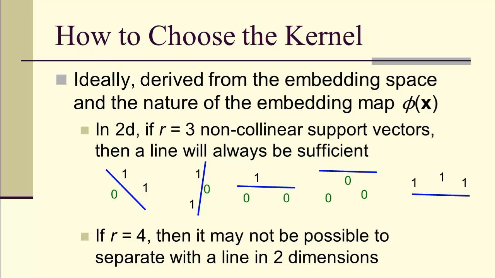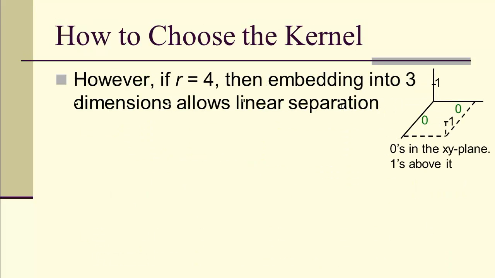But now if we had 4 support vectors, then it may not be possible to separate them with a line in 2 dimensions. As you can see here, there's no line that I can draw such that all the zeros are on one side and all the ones are on the other. So we can use a 2-dimensional space if we have 3 support vectors, but not if we have 4.